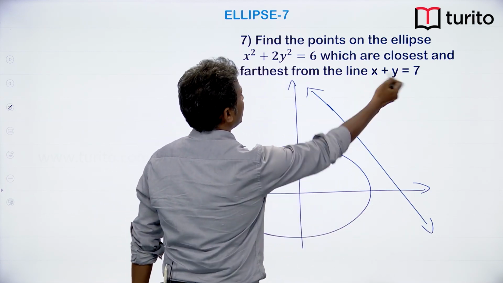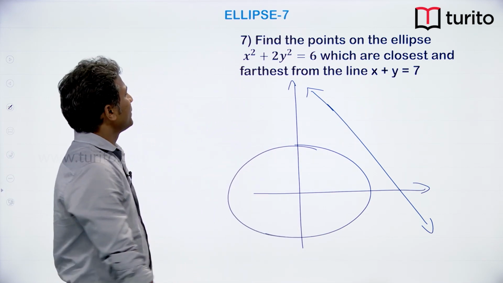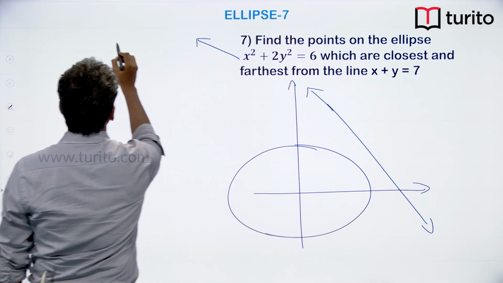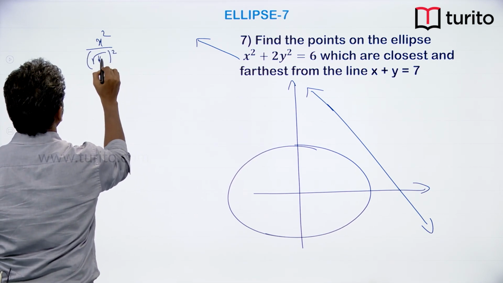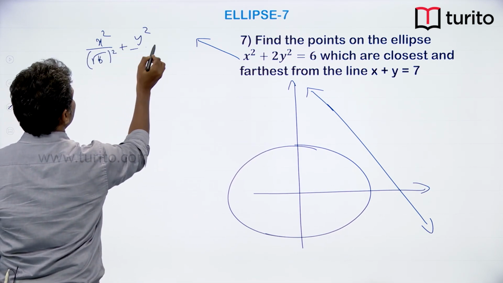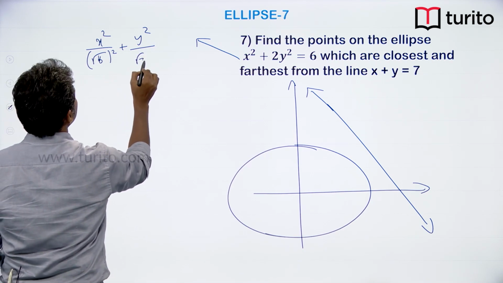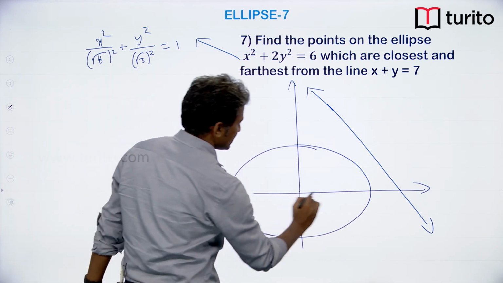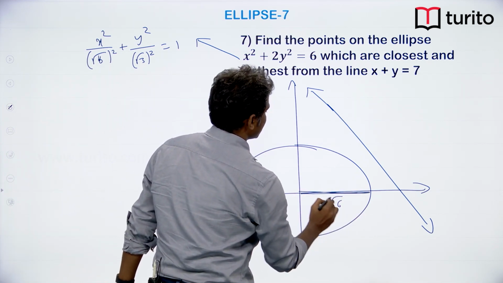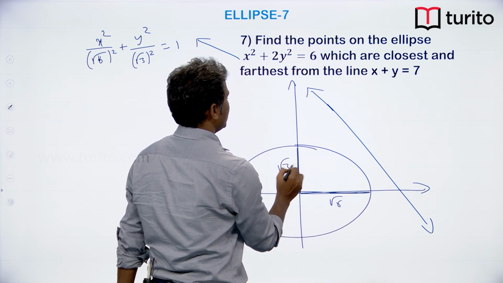Okay. So the equation is given here. Now if I convert this into standard form, I am getting x square by root 6 whole square plus y square by root 3 whole square is equal to 1. So basically this length is going to be root 6, this length is going to be root 3.